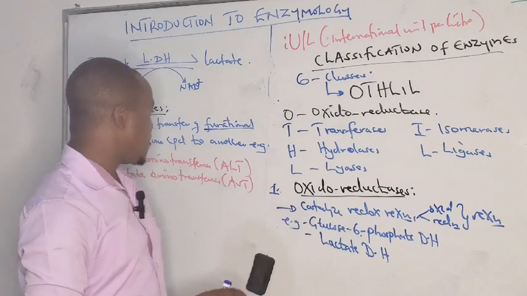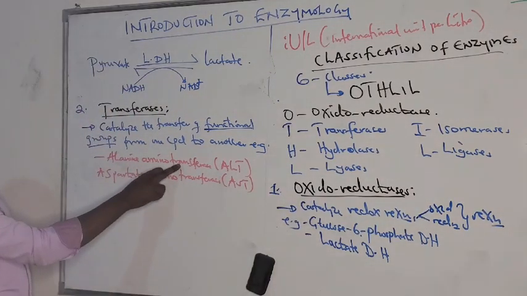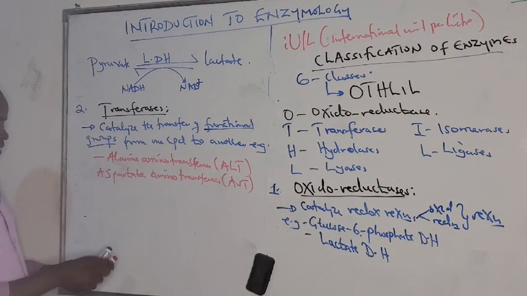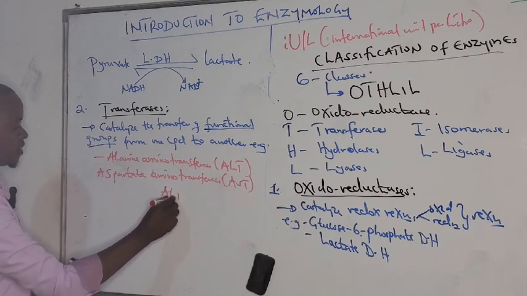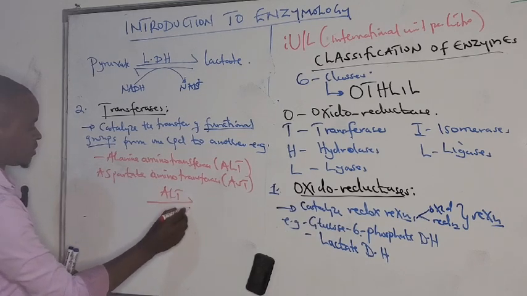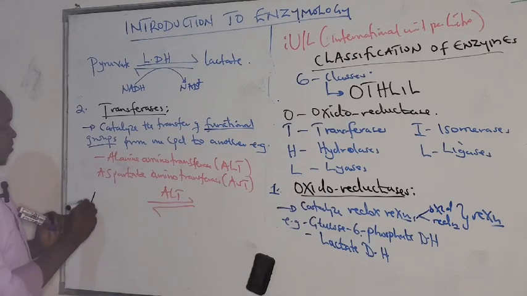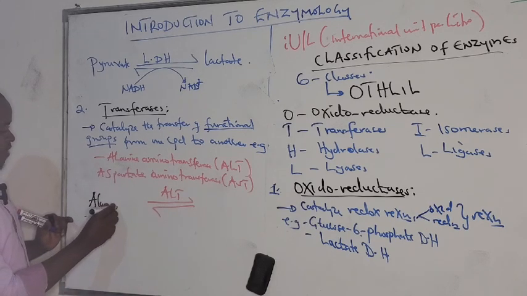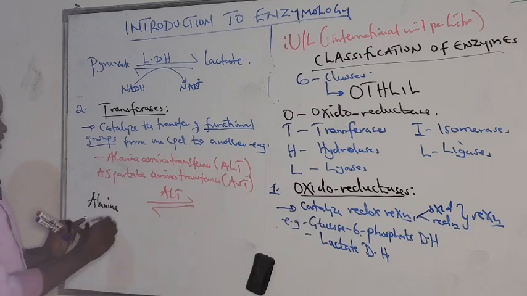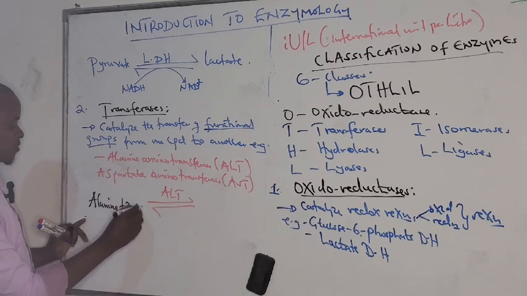For example, if I have ALT in the reaction, this ALT will catalyze the transfer of the amino group from the amino acid alanine.